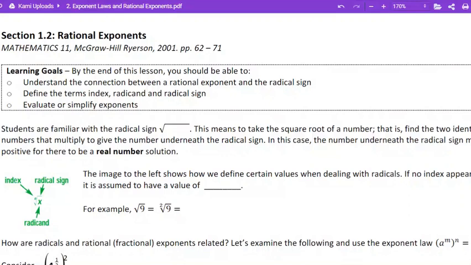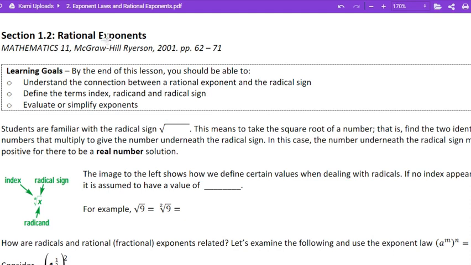And we're bringing in the term rational exponents. Before, we talked about rational expressions in Unit 1, and that was when we had a fraction which had polynomials in it. So a rational exponent is related to the idea of fractions.